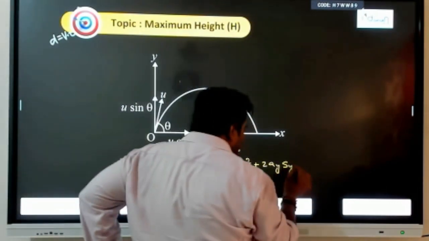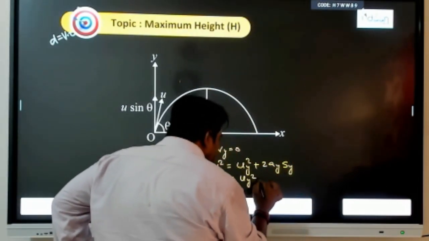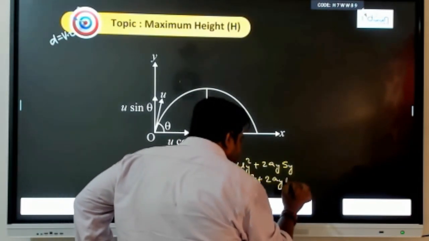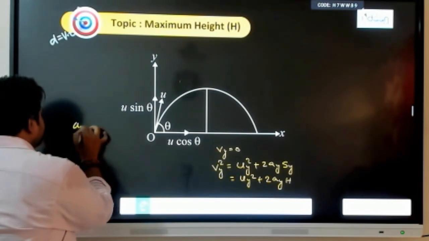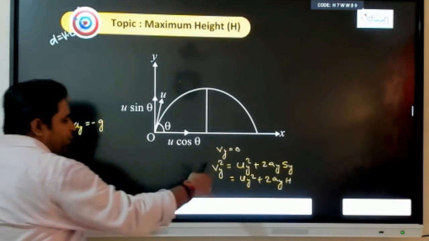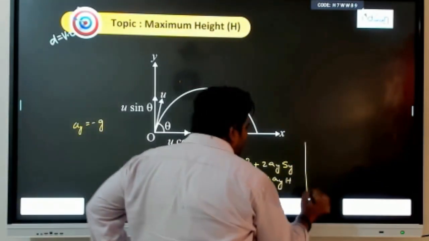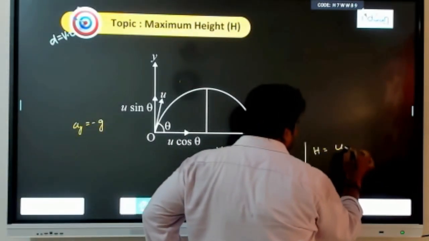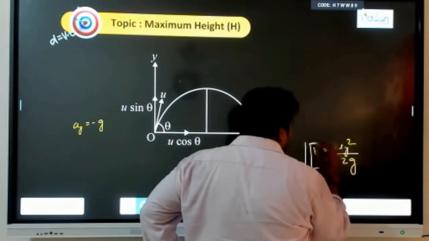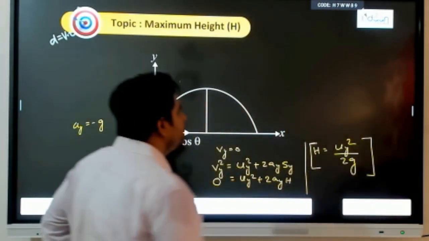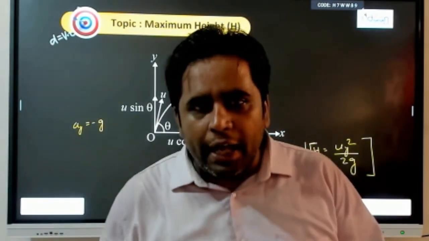Here Sy will definitely be H, and Ay will be taken as minus g. If you apply it here and make this value 0, the formula becomes H is equal to Uy square upon 2g. Just keep all these formulas in your mind. Depending upon this, we will be finding out the value of maximum height.